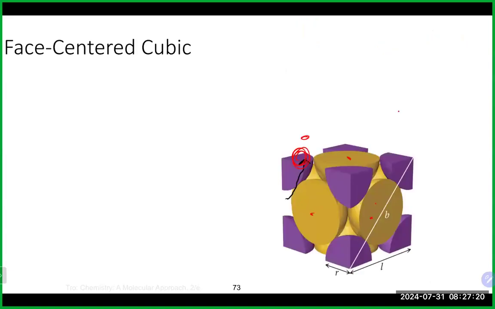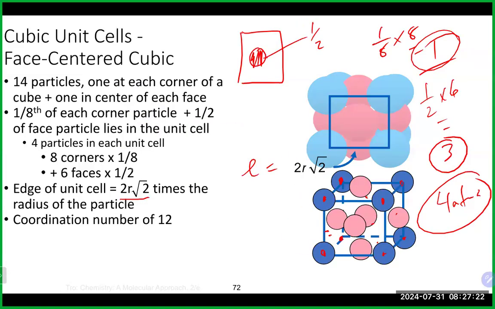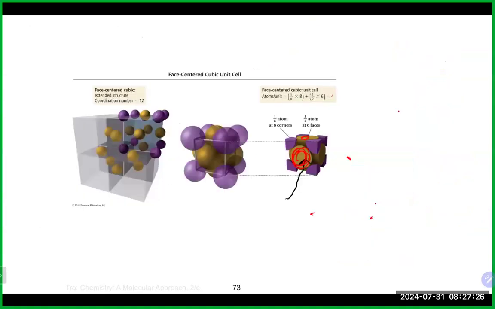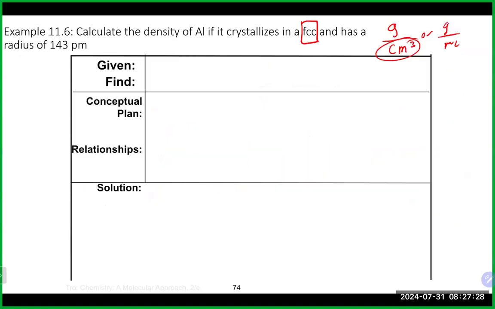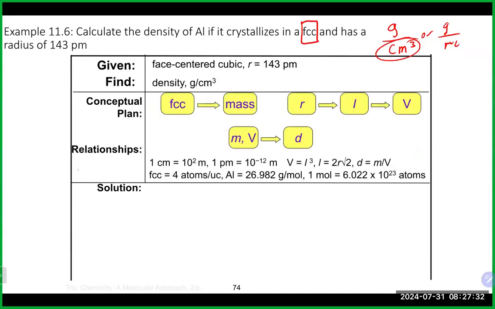The other important part is, as we saw here, the edge length is 2r times the square root of 2. We know that we have 4 atoms in this case because it is face-centered. We also know that the length of the edge is 2 times r square root of 2. So we're going to use this information to help us figure out the density.